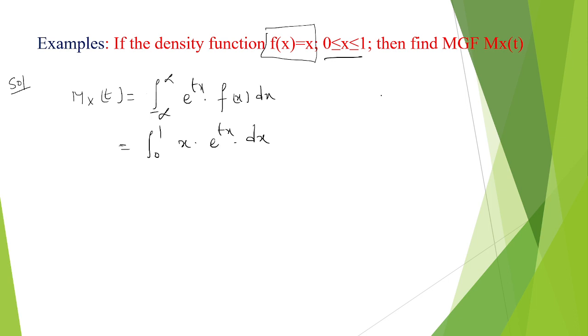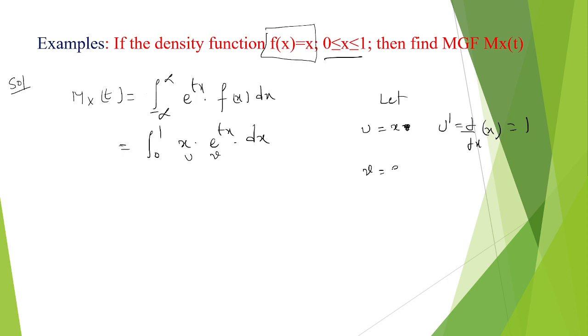Let us use the UV formula. Let u equal x. Then u dash, the derivative of x, is 1.